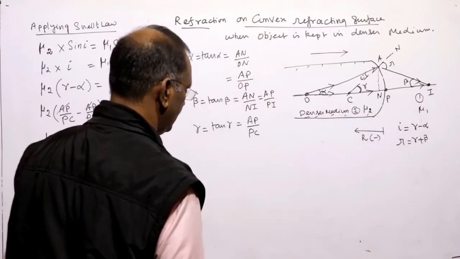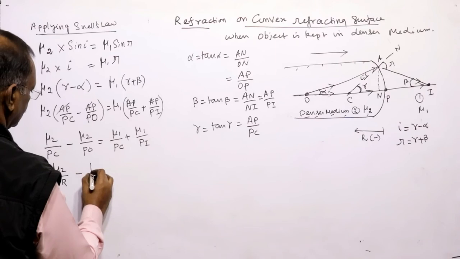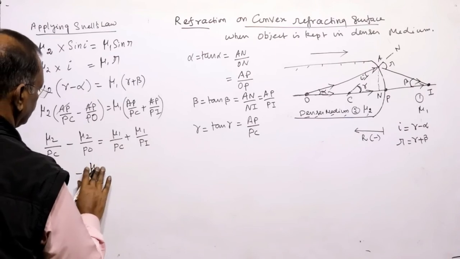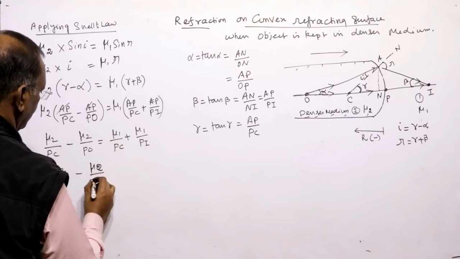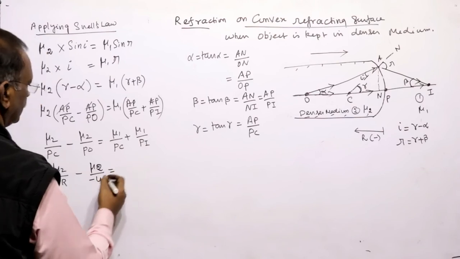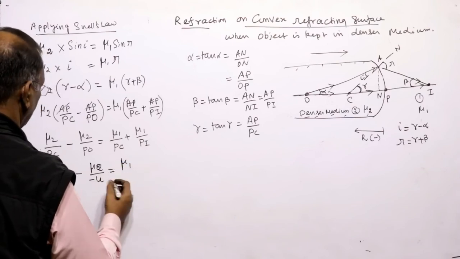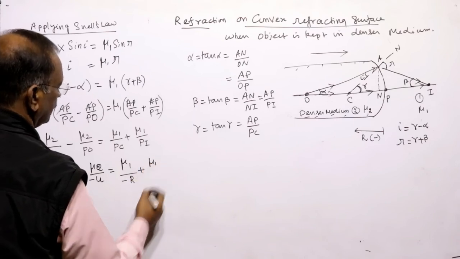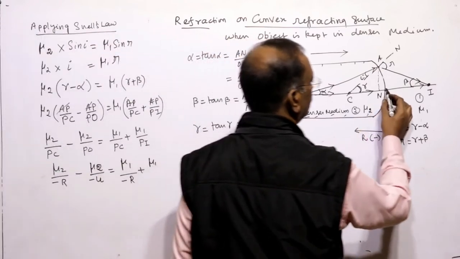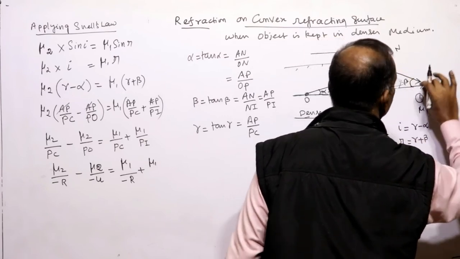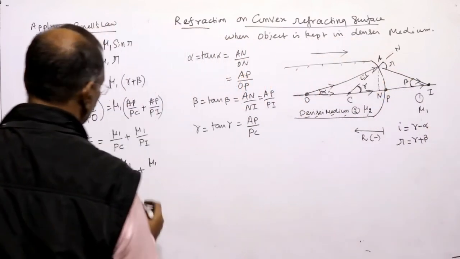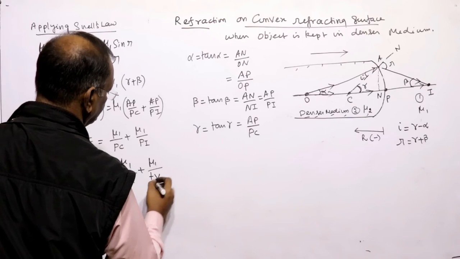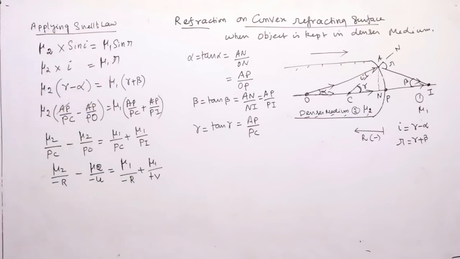So mu2 by minus u is equal to mu1 by minus R plus mu1 by the image distance. The image is formed from here to here, along the ray direction, so the image distance is plus v.